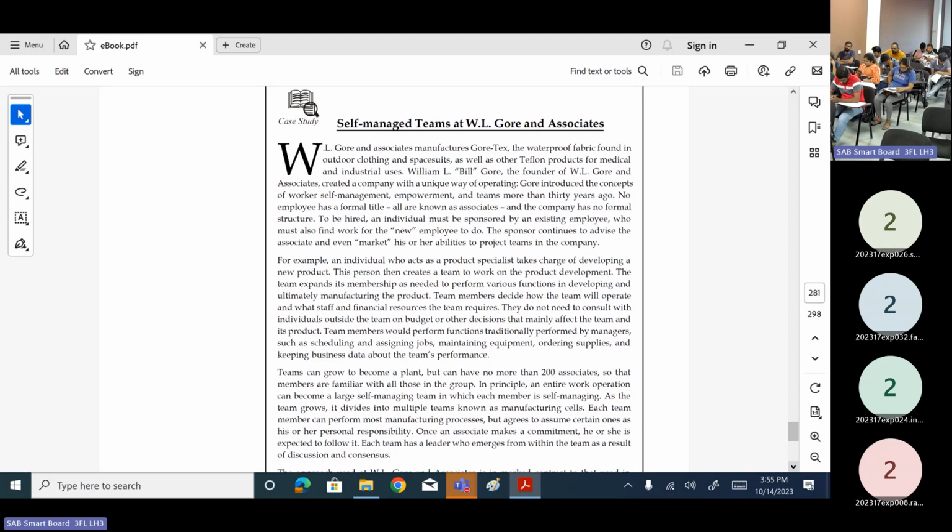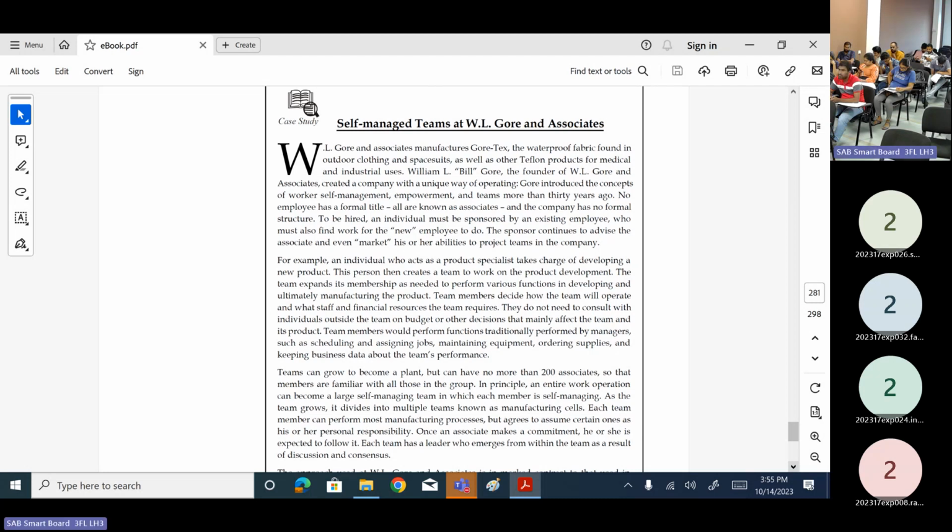In the table also we noted these characteristics in the team column. They do not need to consult with individuals outside the team on budget or other decisions that mainly affect the team and its product. They have the expertise. They are sharing the knowledge with each other, collectively.